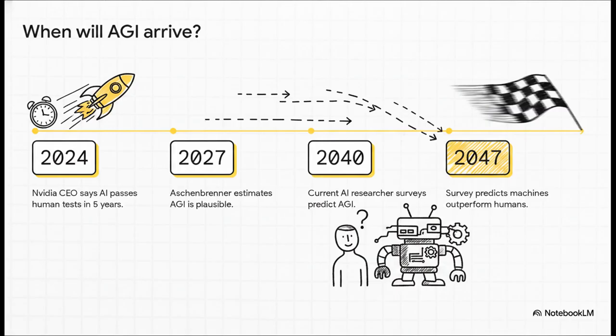Leopold Aschenbrenner, a former OpenAI researcher, is calling AGI by 2027 strikingly plausible. Broader surveys of AI researchers currently center their predictions around 2040, and get this. A massive survey of over 2,700 researchers predicted that unaided machines will outperform humans in literally every possible task by 2047. The finish line is moving closer, and it's moving fast.